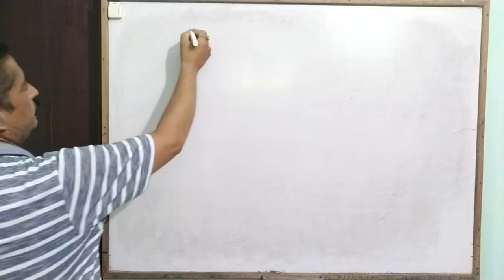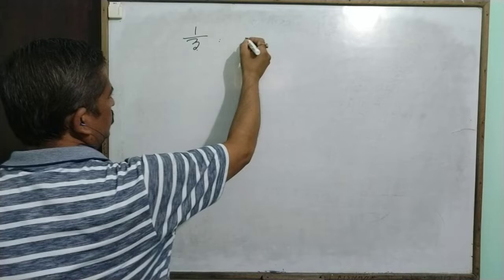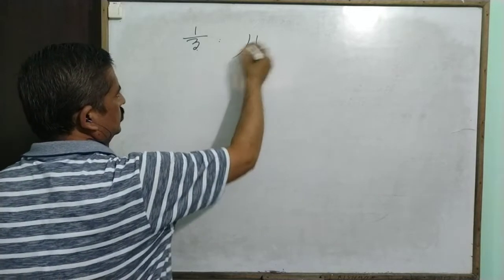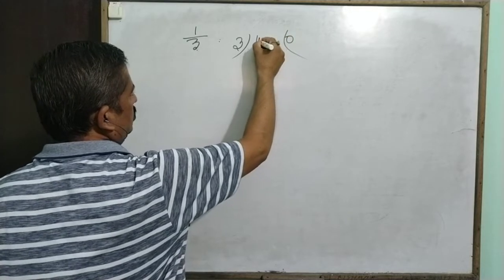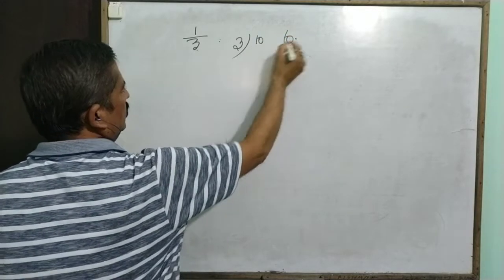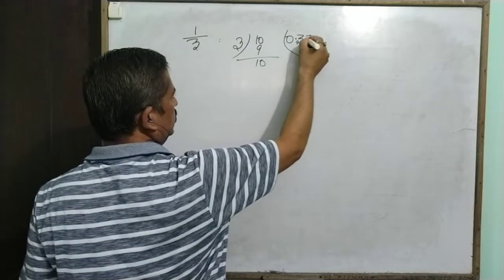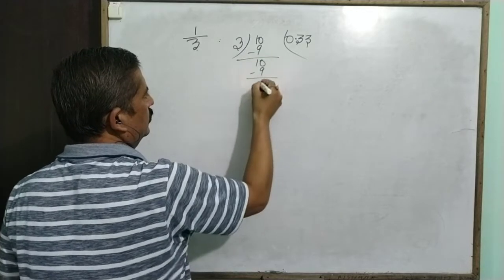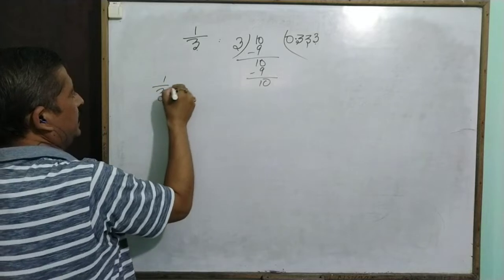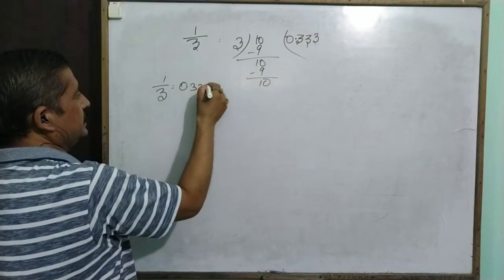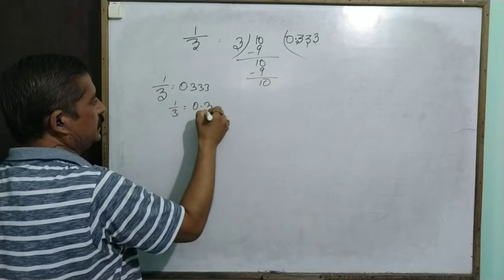For example, we divide 1 by 3. Using long division, you divide by 3. If you do not stop the division at the decimal, 3 9 again 0, 3 9, 1 0, it means the value of 1 by 3 equals 0.333. We write that as 0.3.